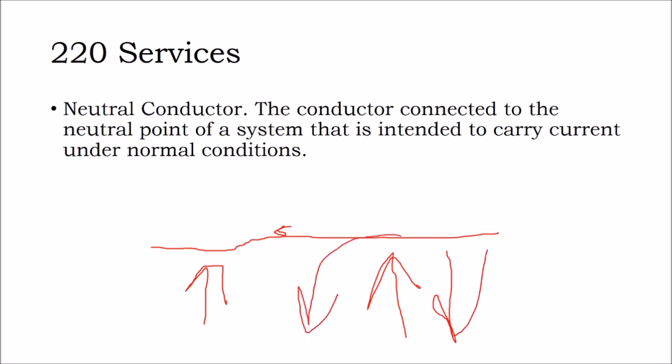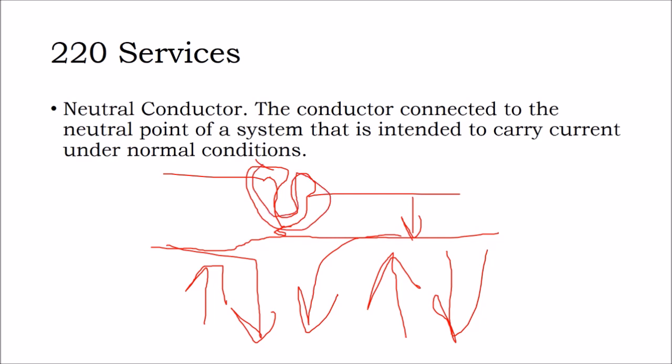As these loads draw current out of each leg, the voltage is going to start to drop, and then we get to a point where the voltage on one leg might be higher than the other. And what happens is voltage is going to recirculate through that neutral wire.